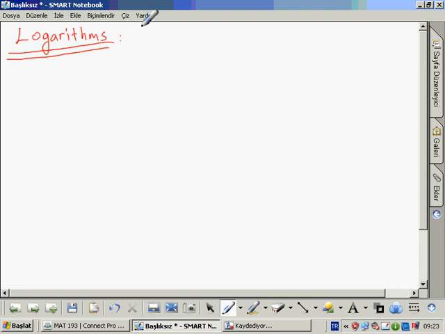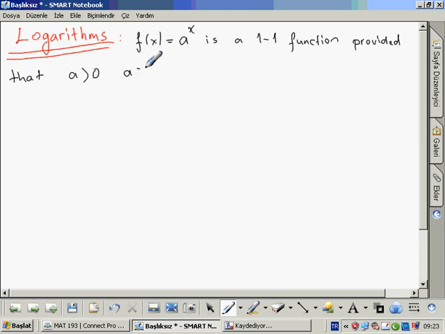And the function f of x equals a to the power of x is a one-to-one function, provided that a is a positive number, that means a is larger than 0 and a does not equal 1.